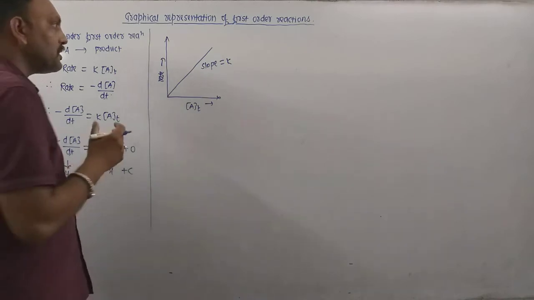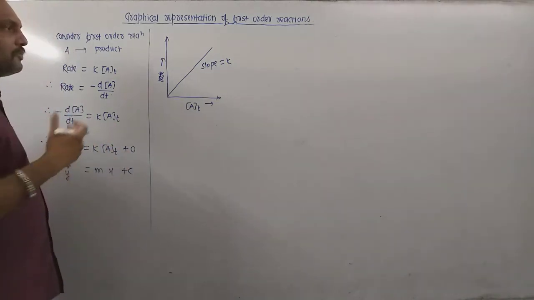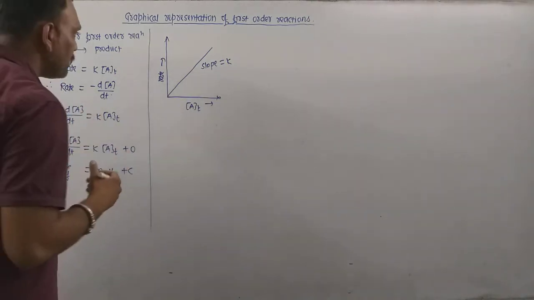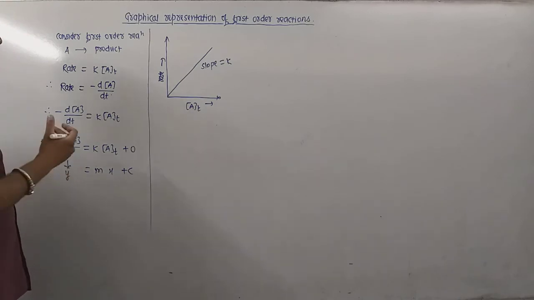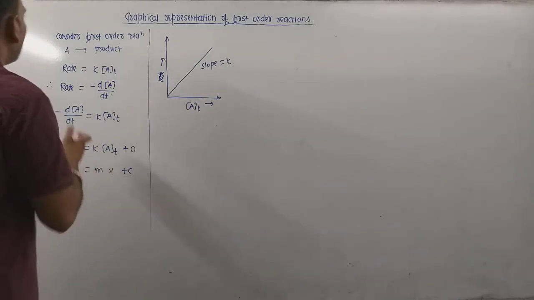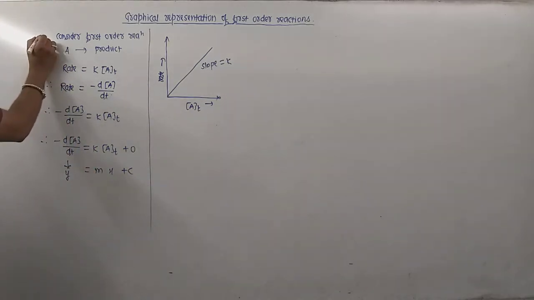Remember, k is the slope, and this is the observation when we plot rate versus concentration. This is the very first thing.